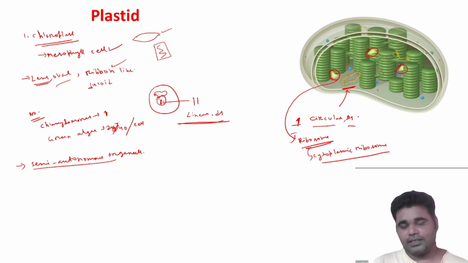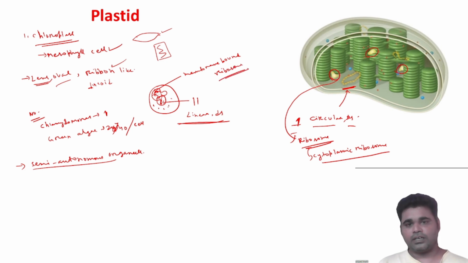In the rough endoplasmic reticulum, some ribosomes are present, and some ribosomes are also present in the cytoplasm. The ribosomes present on the membrane of the ER are called membrane bound ribosomes. And the ribosome present in the cytosol is called the cytoplasmic ribosome.